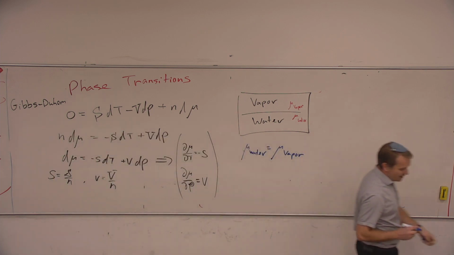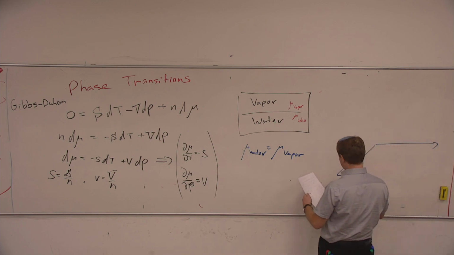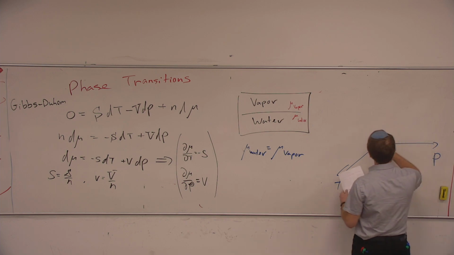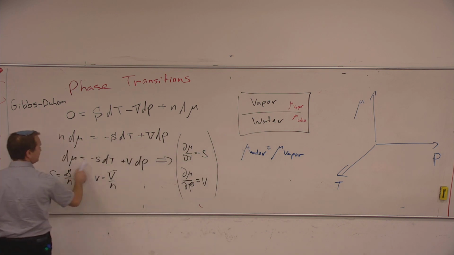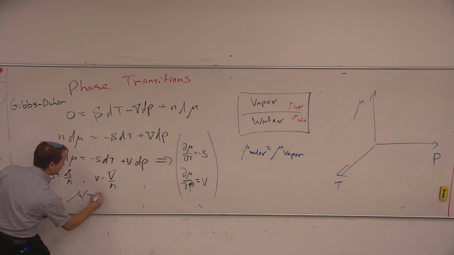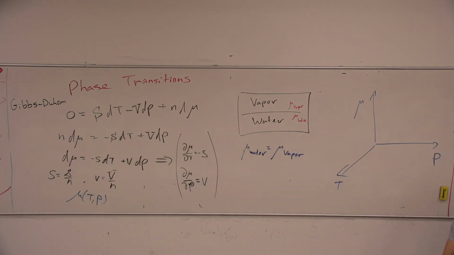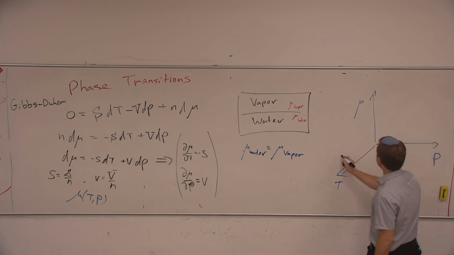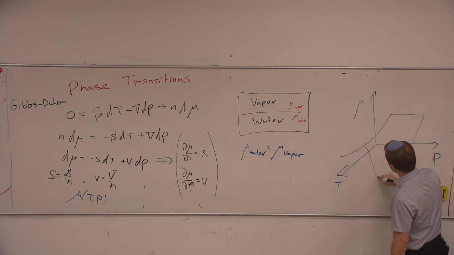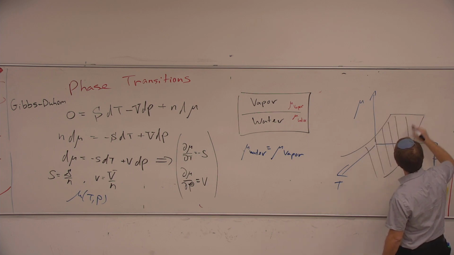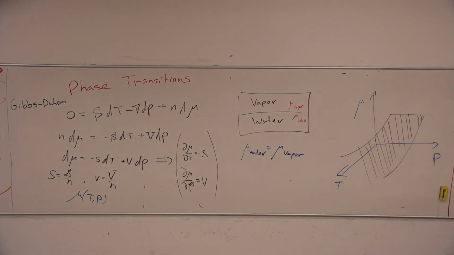What I'm trying to say is we can assume the following. If this is T, and this is P, and this is mu, then mu is a function of T and P. So it's like a two-dimensional manifold that depends on these parameters. Let's assume that it goes like this, and this is my two-dimensional sheet that describes the behavior of mu.